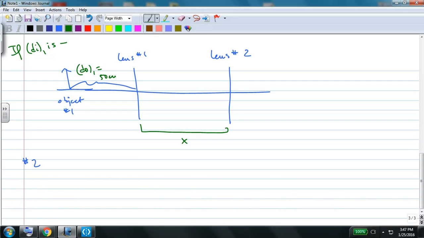Wrong. X is 50 centimeters, sorry. This is a diverging lens, and this means F1 is negative 20 centimeters, and F2 they give us is 15 centimeters. And this is not 10, but in fact this is 10. Sorry.